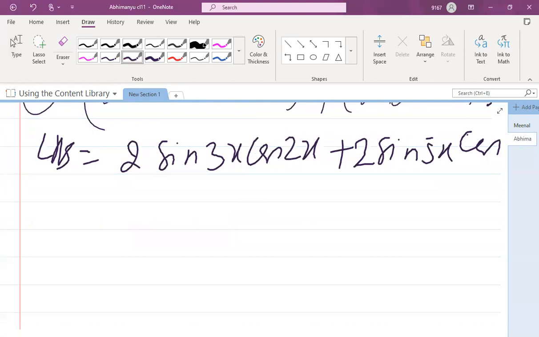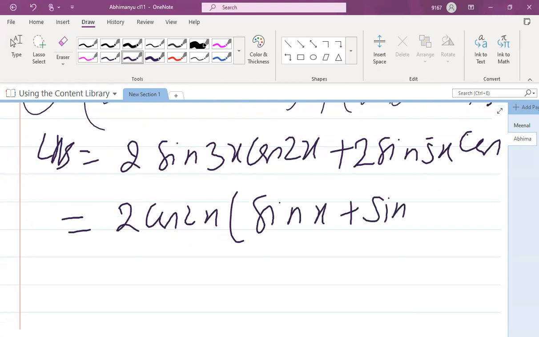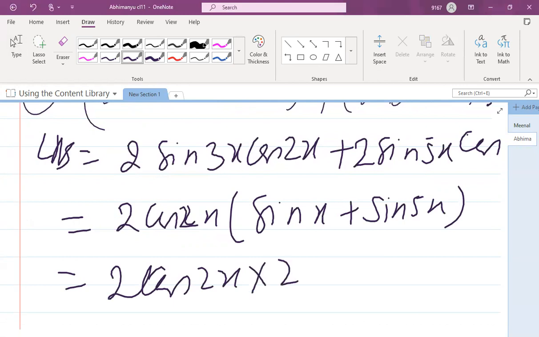तो दिस इज 2 cos 2x and sin 3x plus sin 5x. अब इनमें से आप आइडेंटिटी इनमें लगा दो. 2 cos 2x, 2 sin 6x by 2 that is 3x and cos 5x minus x, 4x by 2, cos 2x.